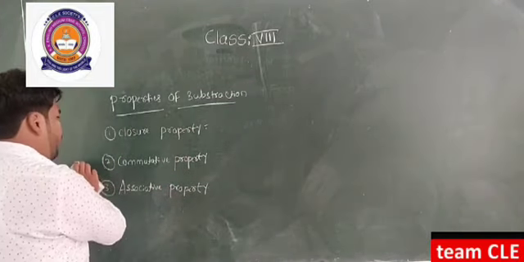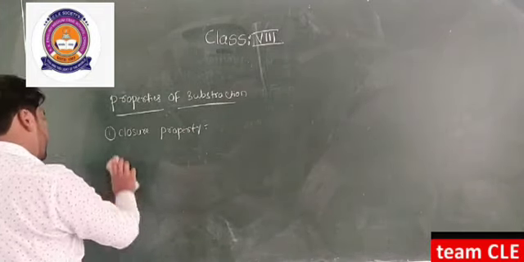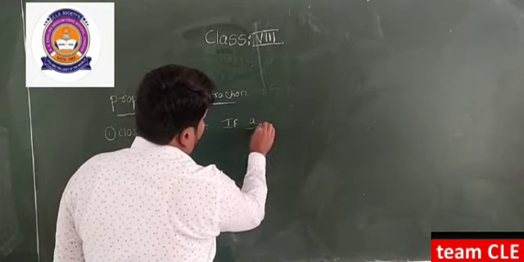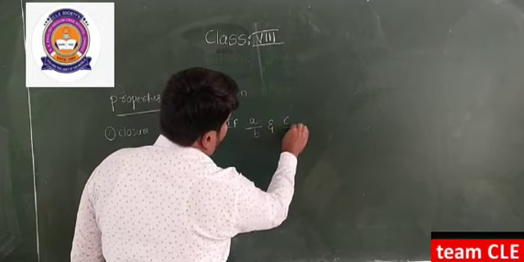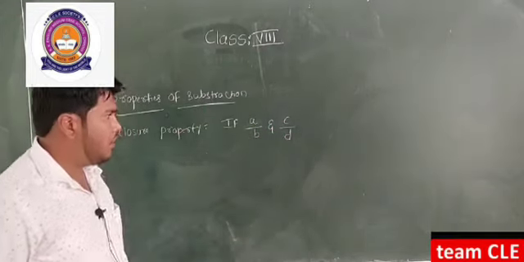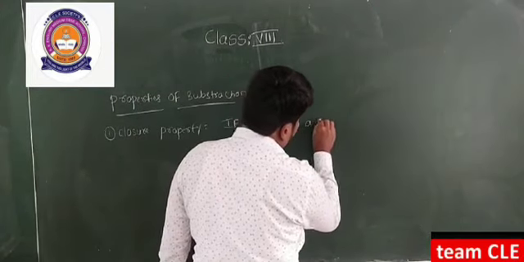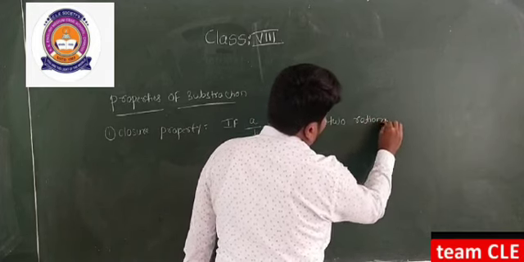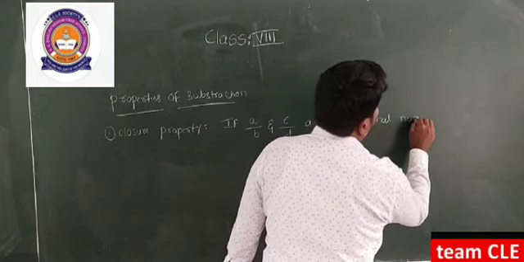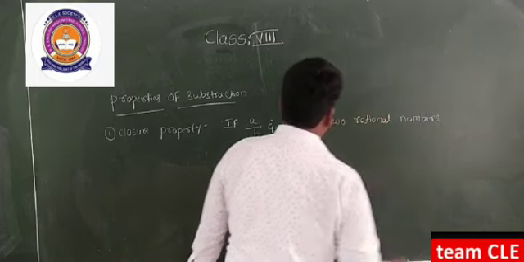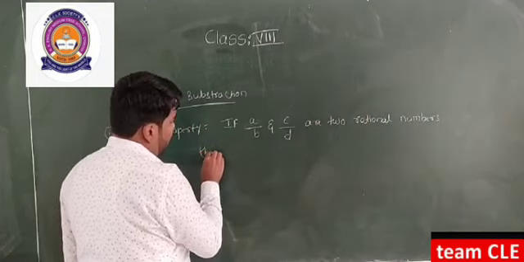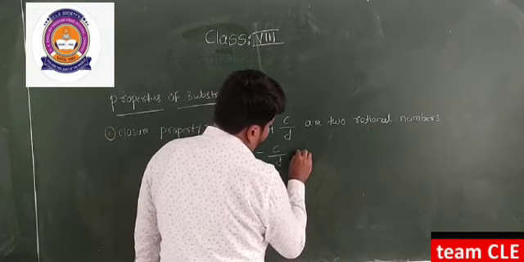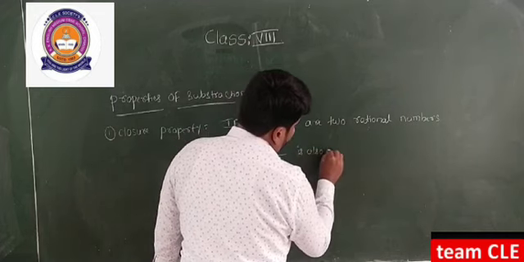With the closure property I am going to start. That is, if a by b and c by d are two rational numbers, then a by b minus c by d is also a rational number.